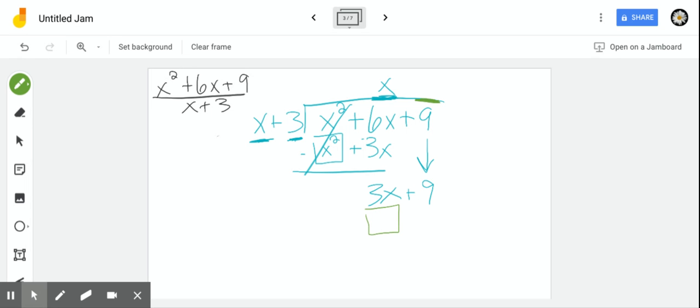So we're thinking, what times x gives us 3x? Well, we'll need a positive 3. So 3 times x is 3x, and 3 times 3 is positive 9. It's time to subtract, so draw the line, change the signs. 3x and negative 3x cancel, 9 and negative 9 cancel, and our remainder is 0. So here's our answer, x plus 3.